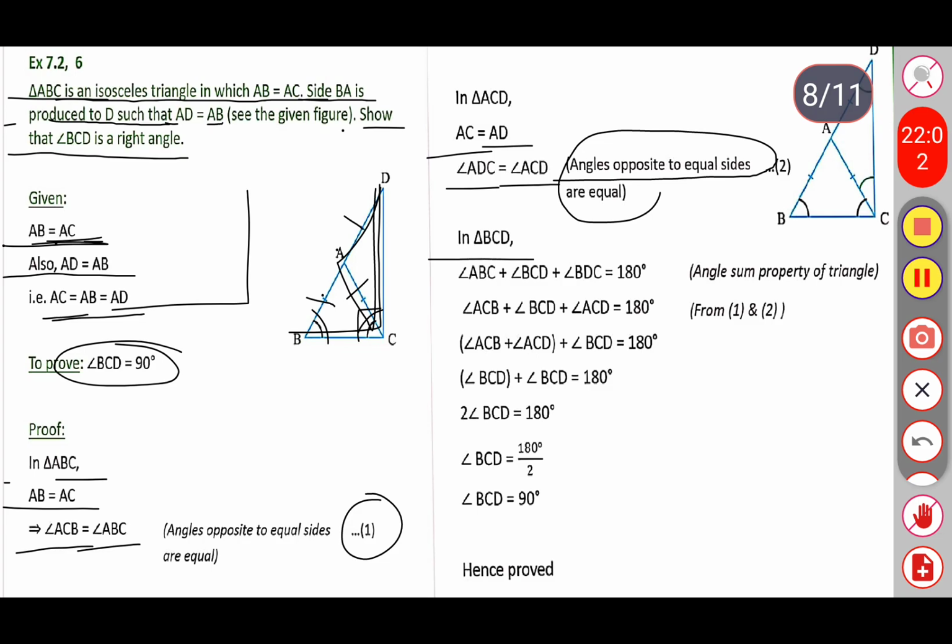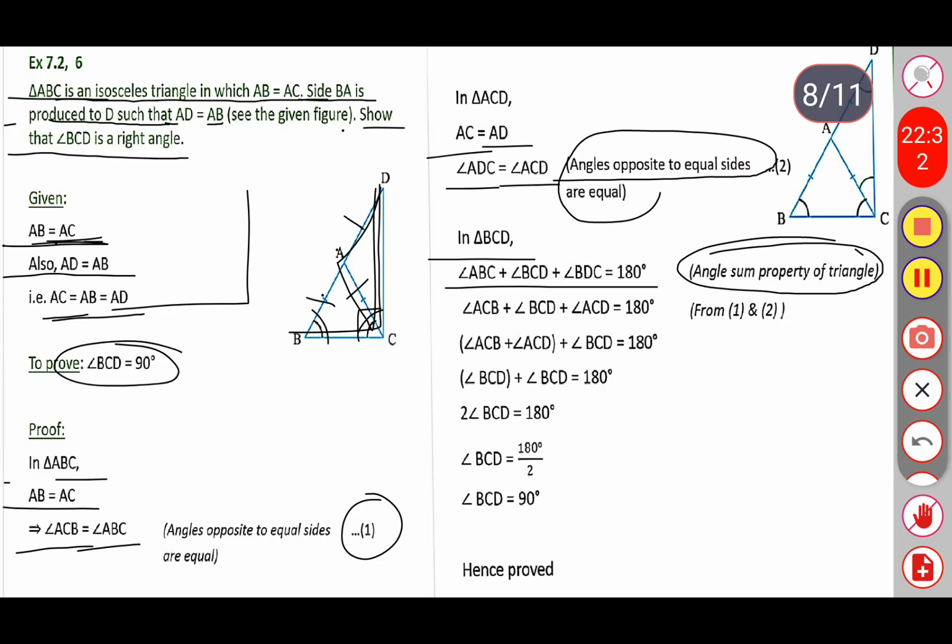So in triangle BCD, by adding the three angles of the triangle BCD, angle ABC plus angle BCD plus angle BDC is equal to 180 degree, because the angle sum property of the triangle is 180 degree. Angle sum property of triangle is always 180 degree, right?